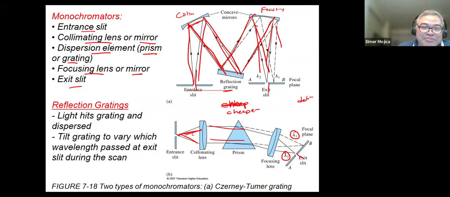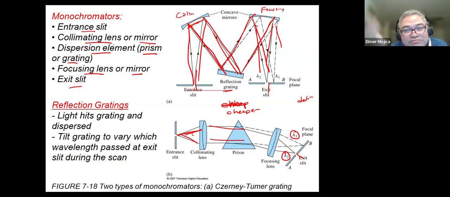So which do you think is cheaper? Okay, the letter B is the one that's cheaper, because look, this prism is cheap compared to a reflection grating. So in terms of cost and simplicity, the Bunsen prism monochromator is useful.